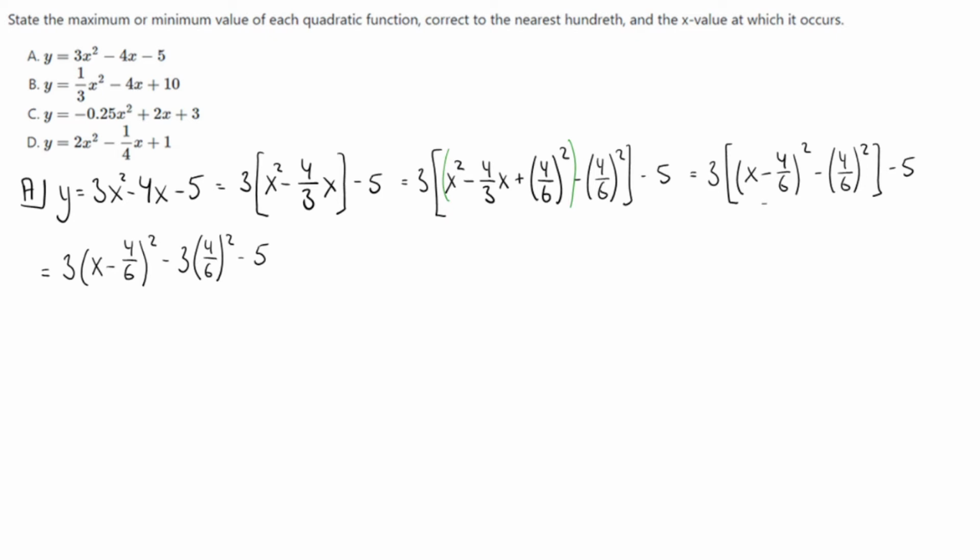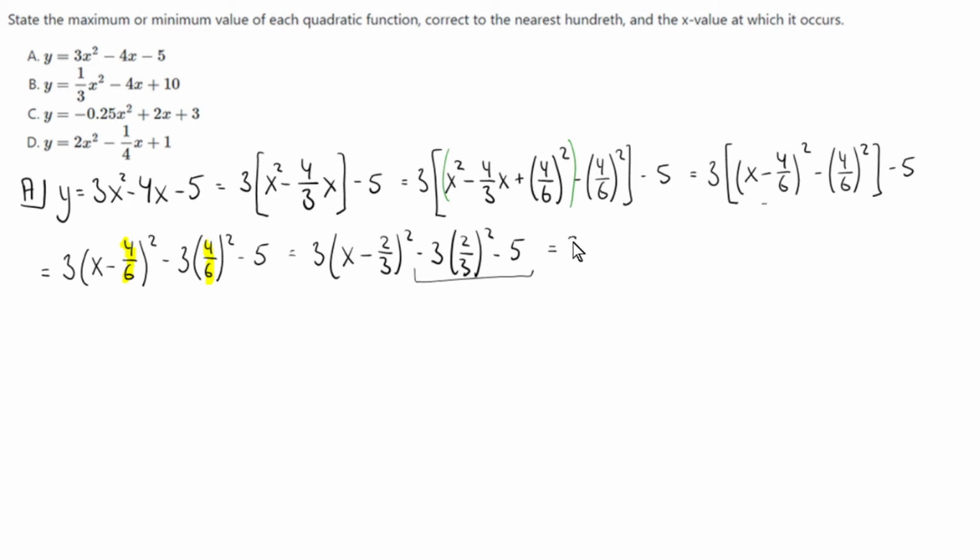So at this point, what we could also do here is we can reduce these fractions just to get some smaller numbers. So let's just rewrite this with those fractions reduced. You can divide numerator and denominator by 2. We get 2 over 3. And in the next step, we need to evaluate the last part here, the numerical constants.